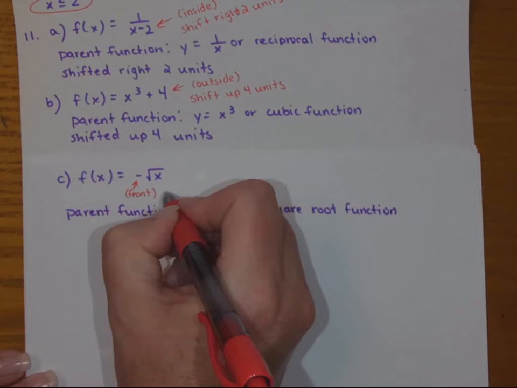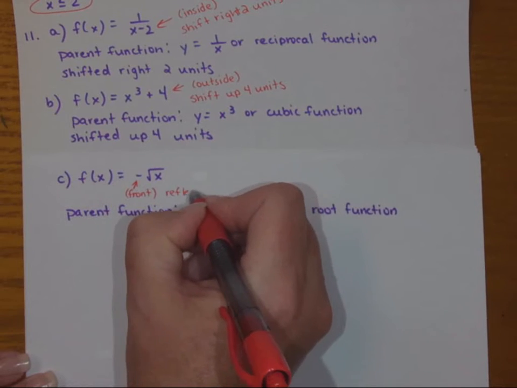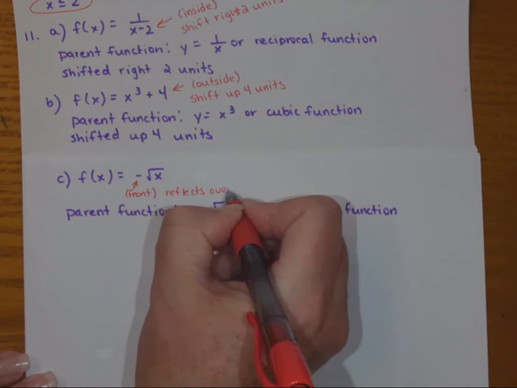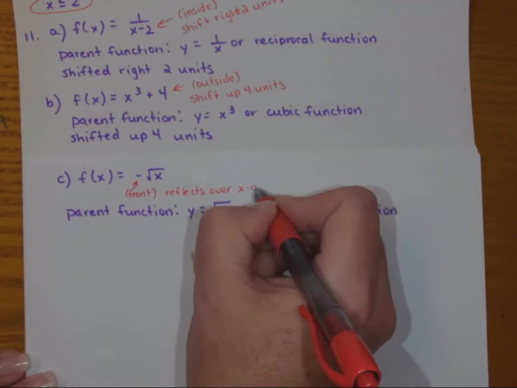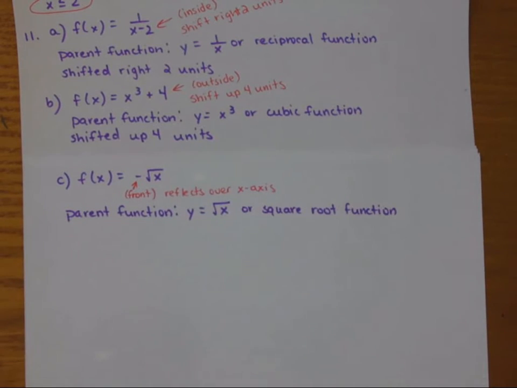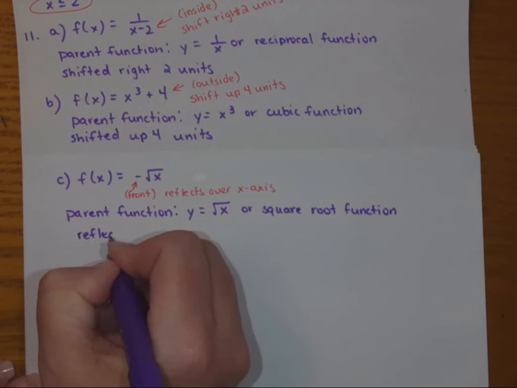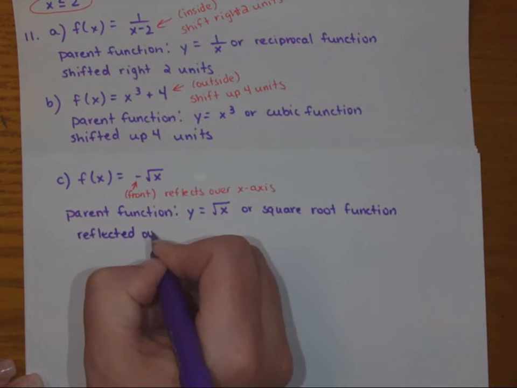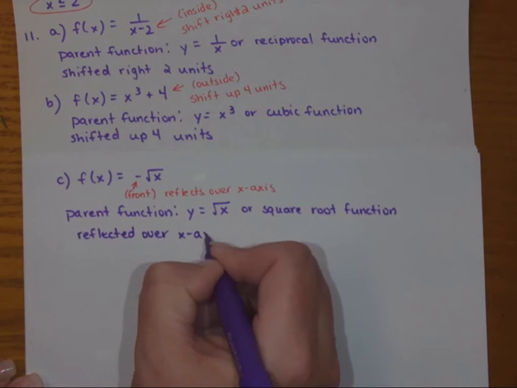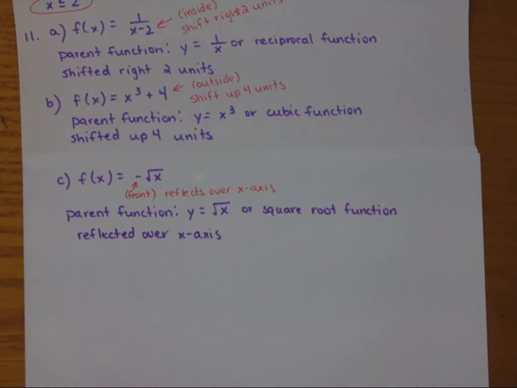If it's in the front, then it reflects over the x-axis. Okay, so it's a square root function reflected over the x-axis. Remember that in visual form, it means that it got flipped upside down.